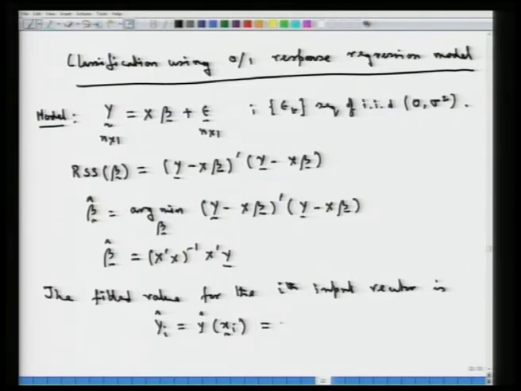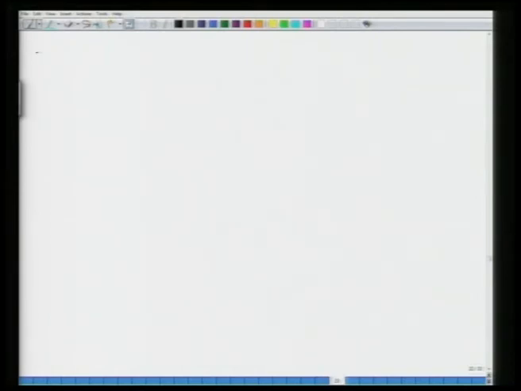So this is given by x_i transpose times beta hat. For a new observation x naught, the predicted value is x naught transpose times beta hat. Based on this value of x naught transpose beta hat, we are going to give a classification rule.